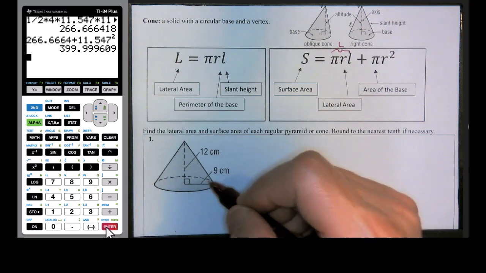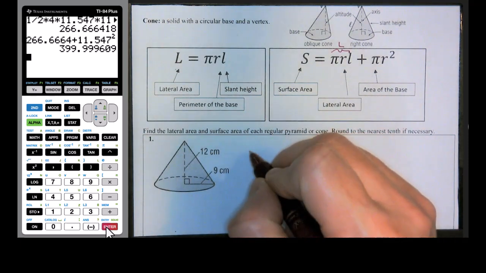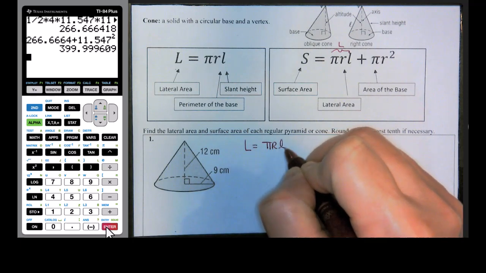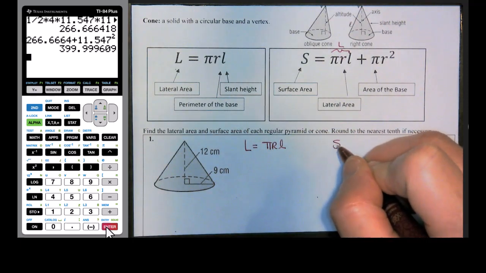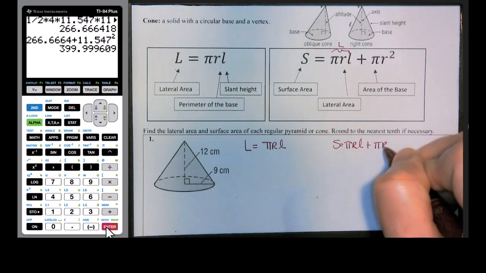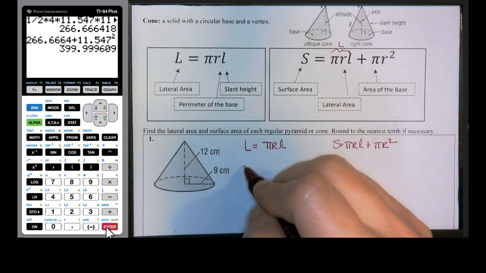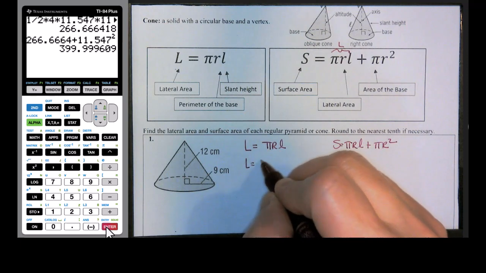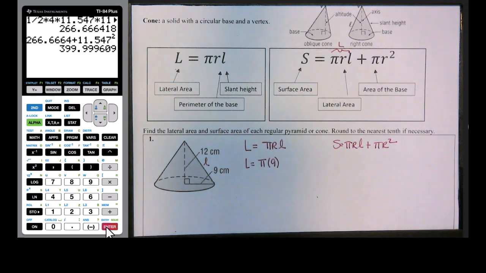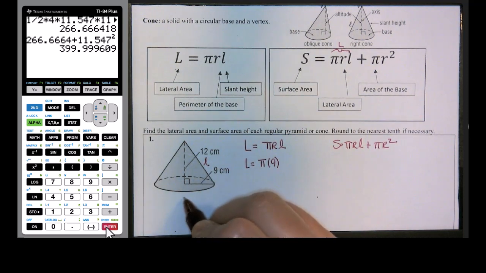Here we have a cone, and we're going to find the lateral area, pi r l, and the surface area, which is pi r l plus pi r squared. Here we have pi, the radius is 9, and the slant height we don't have, so we can use the Pythagorean theorem.